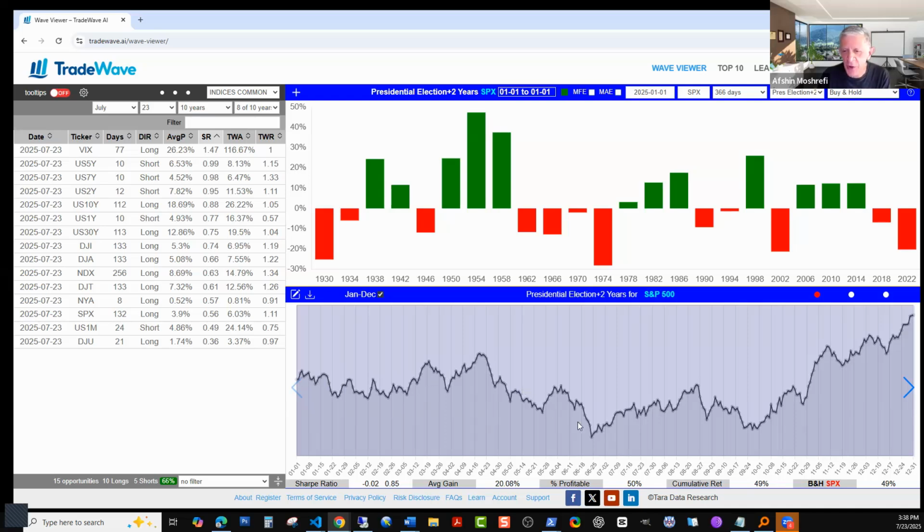And then there's a sharp down. Next year will be very volatile if the market repeats what it's been doing for the last 100 years. And look at this. When you get to this point, right around 27th of August, things seem to turn up.